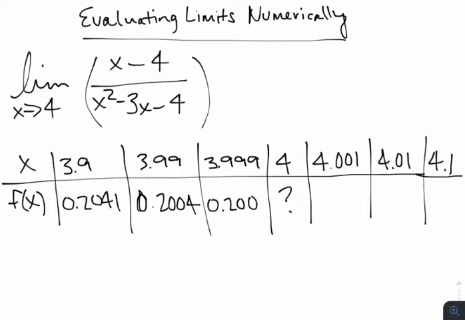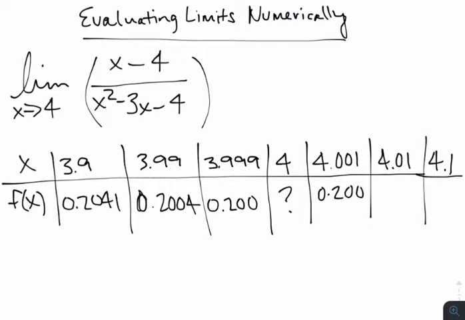Now, if we were to go on the opposite side and put in 4.001, a number that's close to 4 but on the more positive side, we get 0.200, like we did with 3.999.